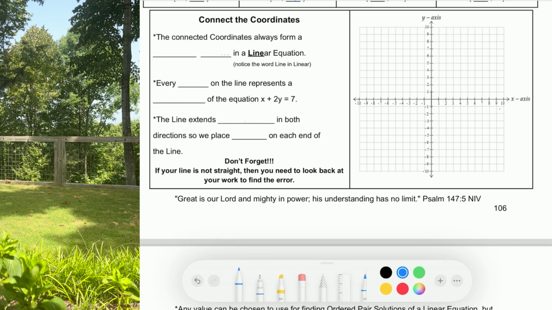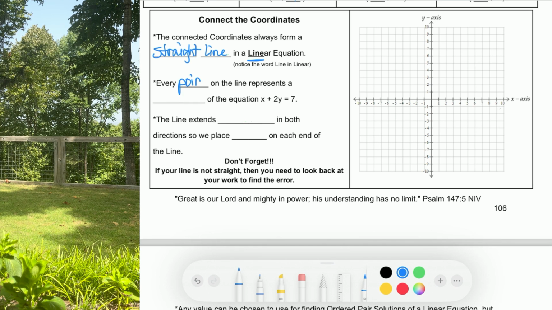So connect the coordinates. The connected coordinates always form a straight line for a linear equation, okay? A straight line in a linear equation. And again, notice the word line in linear. It basically tells you what it is.